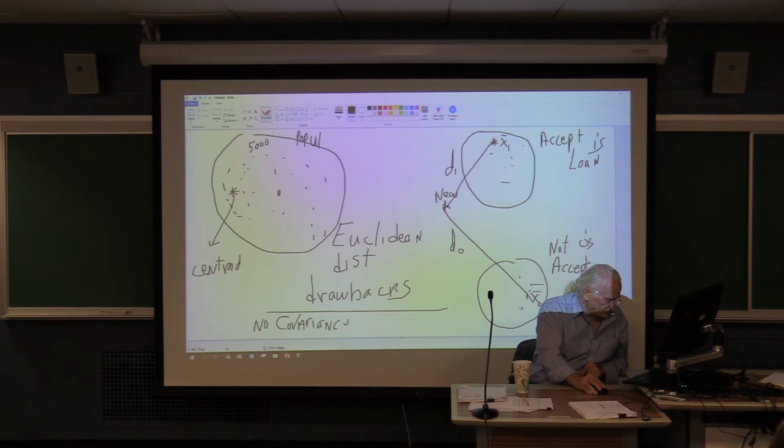So it ignores covariance and correlation. And let me draw you a picture. The discriminant analysis uses statistical distance, the Mahalanobis distance. And let me show you why.